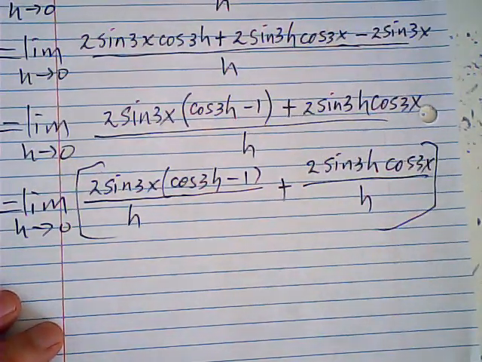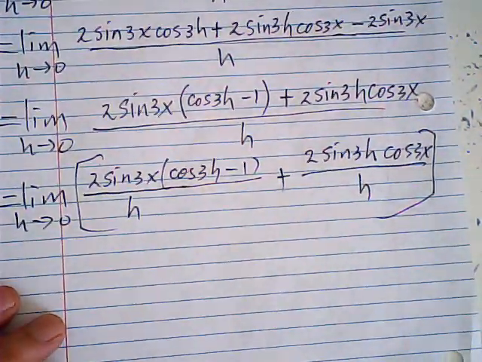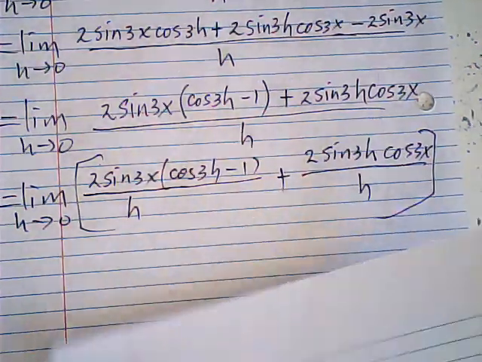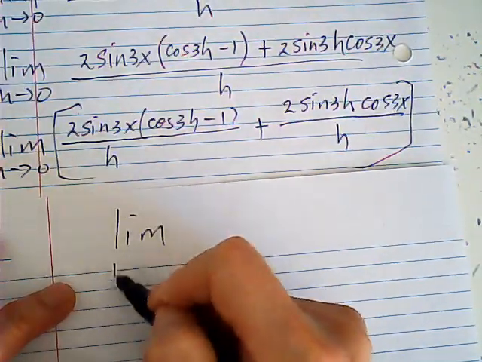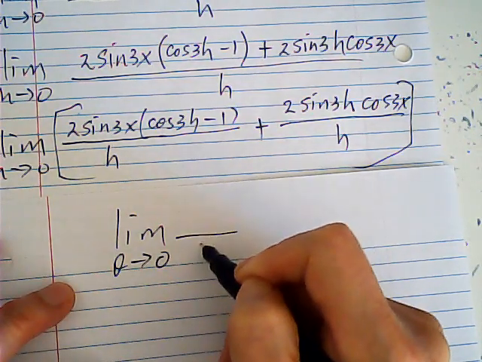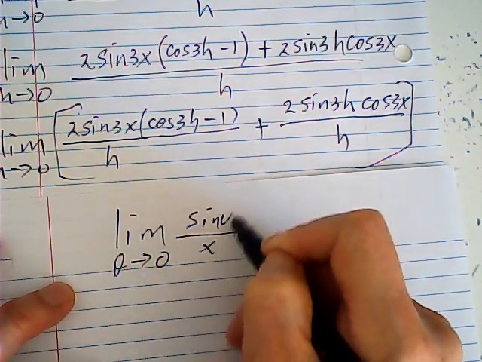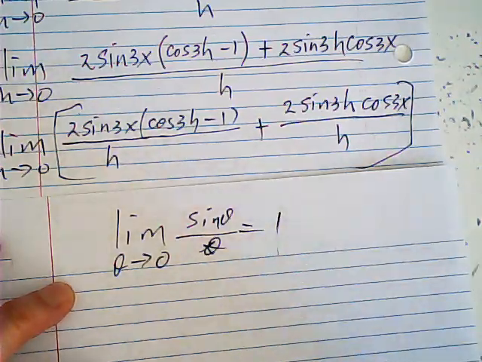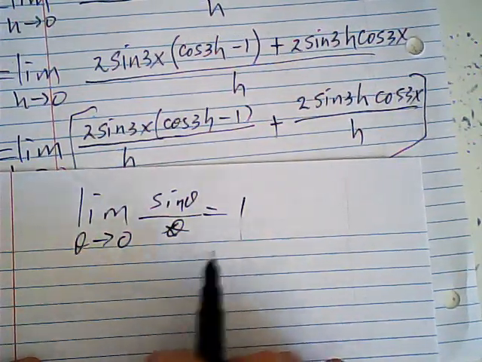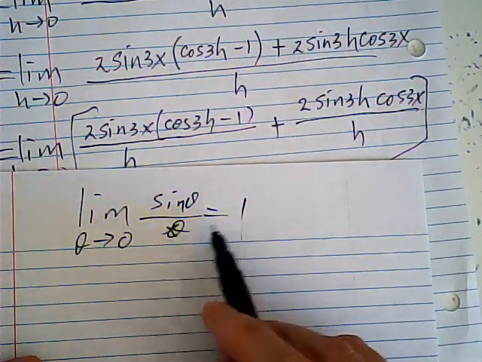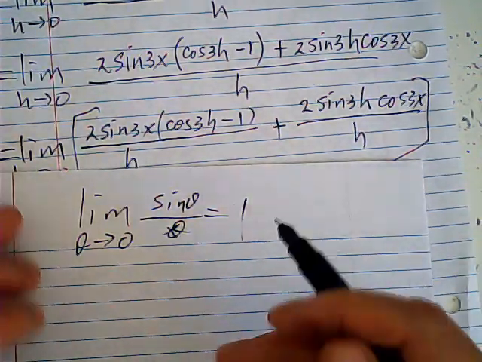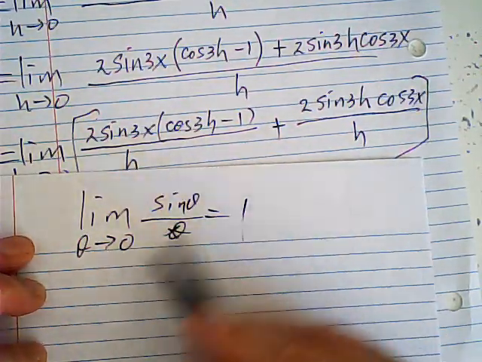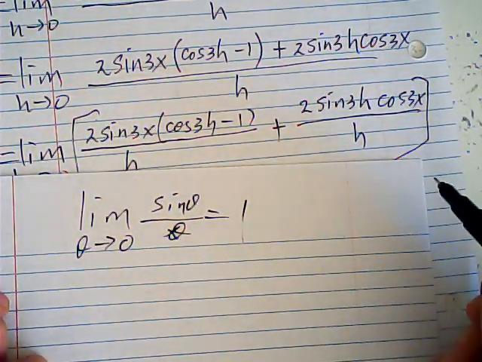Well, do you know the basic limit, which is the limit as theta goes to 0 of sine theta over theta is equal to 1, right? Well, I hope you know this one. Now, we are not using L'Hopital's rule. Of course, we don't know those things before the definition of a derivative.